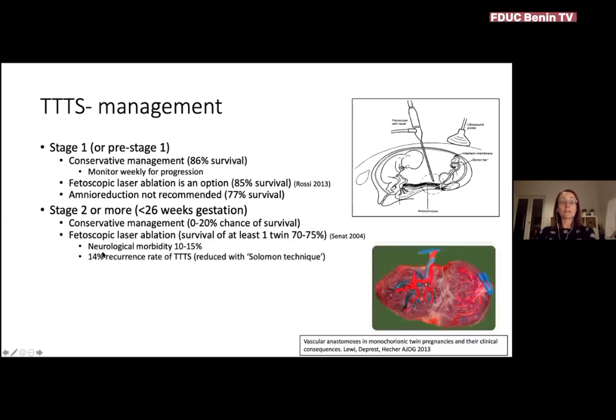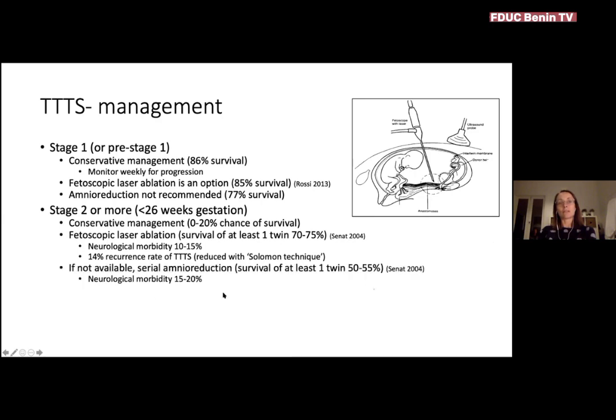And there is also the risk of recurrent twin-twin transfusion syndrome, and that can be reduced by using the Solomon technique, which is shown in this image here, where they've used laser to ablate the abnormal anastomoses, but they've also ablated the entire vascular equator, which reduces the risk of recurrence.